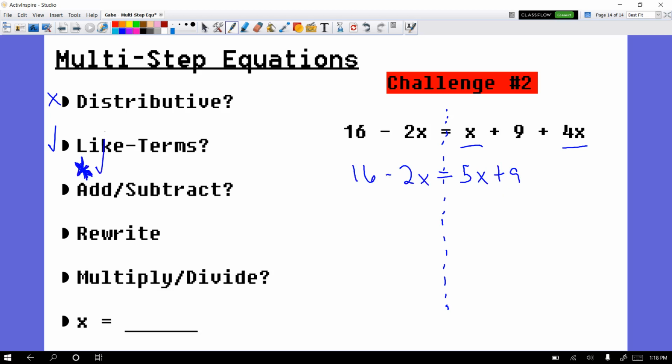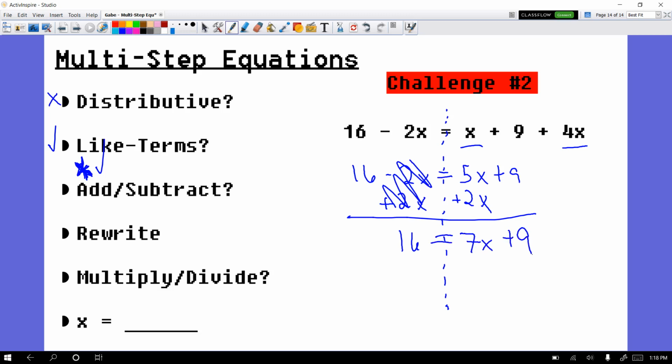We want to get the smallest variable over to the other side. What's smaller, negative 2x or 5x? Negative 2x is smaller for sure. That goes to nothing. We're left with 16 equals 7x plus 9. Now we have a two-step equation. Can you add or subtract?